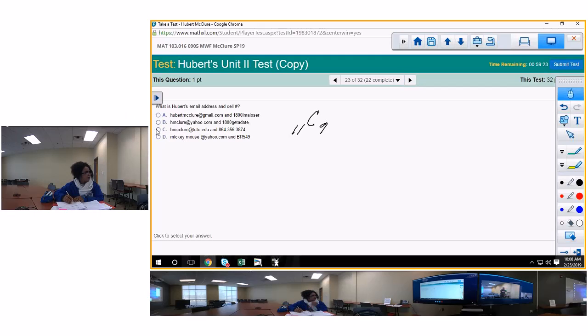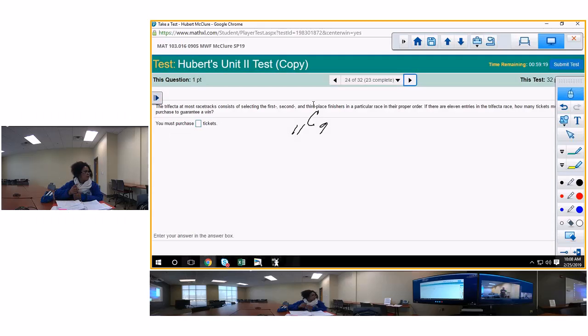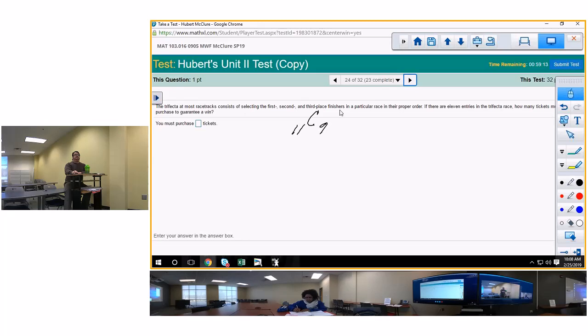That one is pretty simple. The trifecta, I told you about this one. The trifecta at most racetracks consists of selecting the first, second, and third place finishers in a particular race, and this is also in the videos for Math 120.